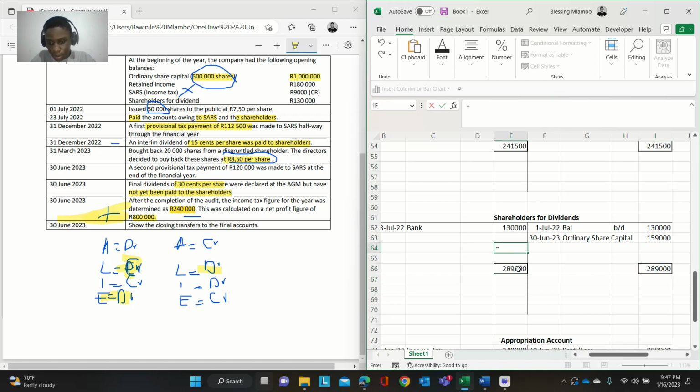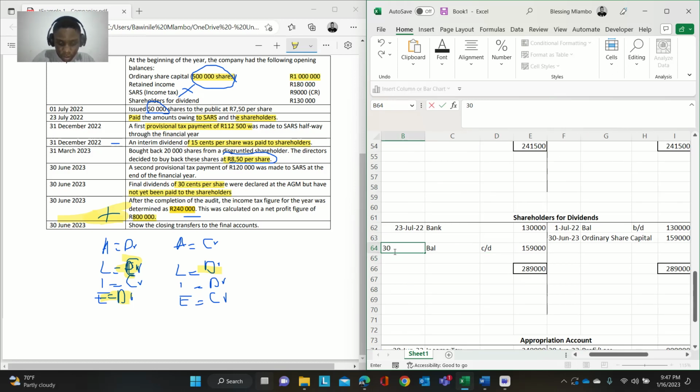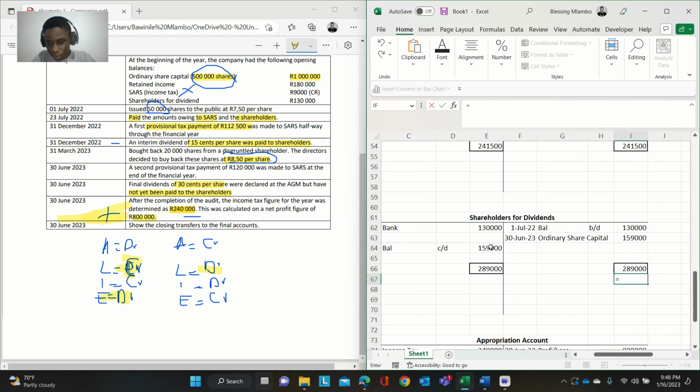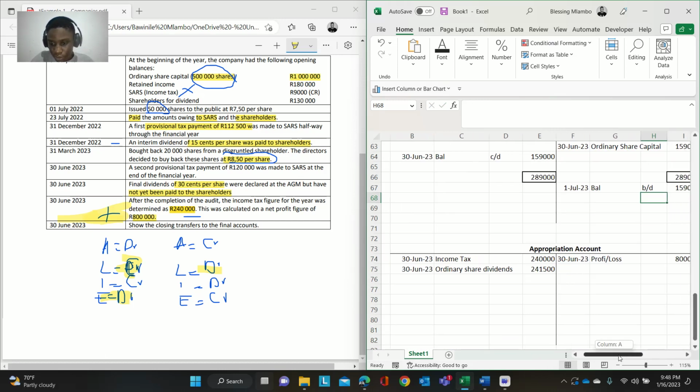Then the balance after subtracting this one will be the balance carried down at the end, 30th of June 2023, and there will also be the opening balance the following month on the 1st of July 2023. So this is the balance brought down.